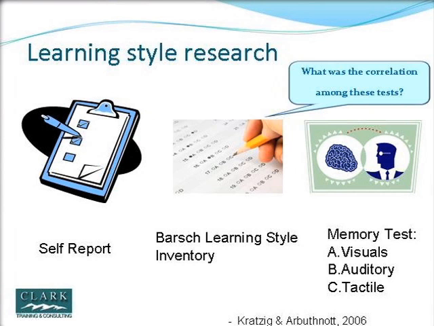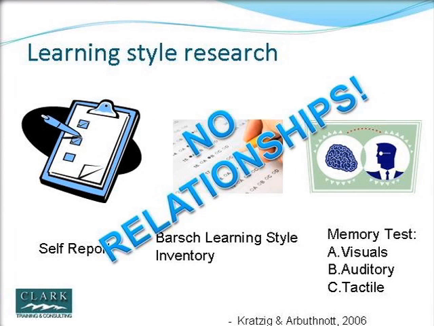So what was the correlation? What did they find out? Have we built suspense? No relationships. No relationships among any of those 3 different measures. And so we have a conclusion which is that perhaps this whole idea of learning styles is not well grounded.